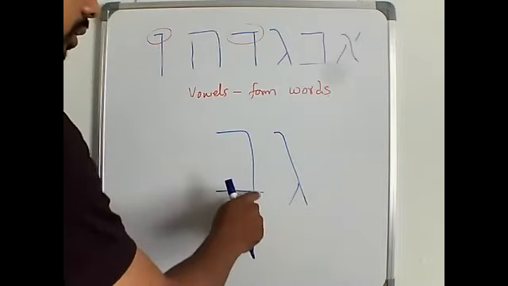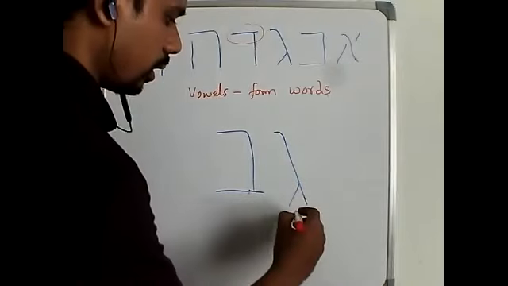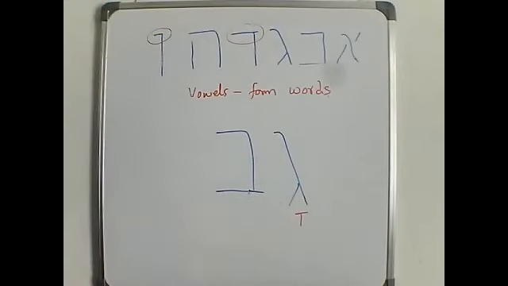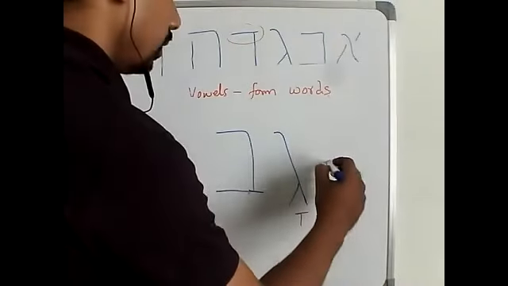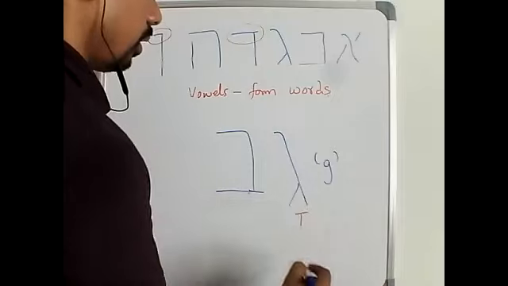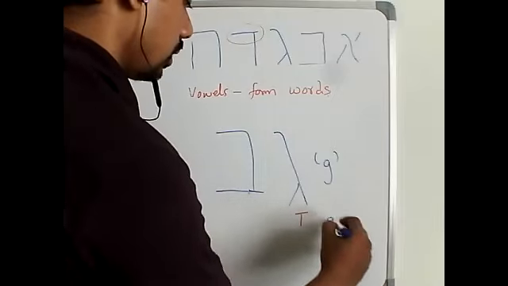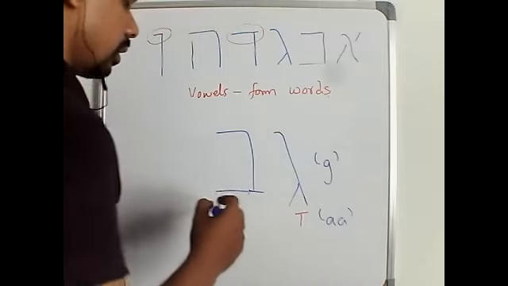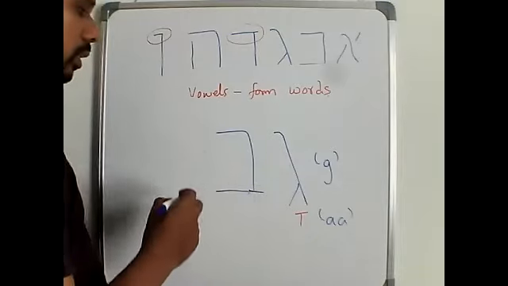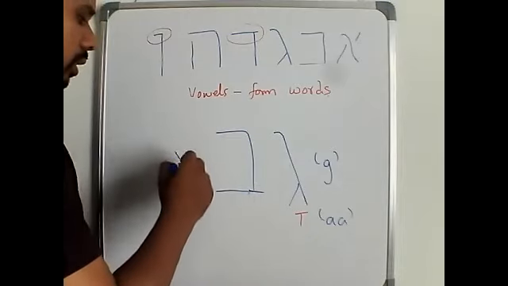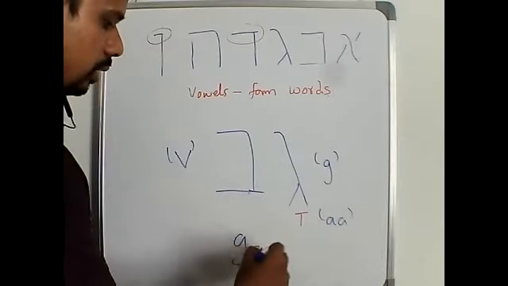So if we put a vowel, that is comets, what is the sound of this Gimel? It is G. What is the sound of this comets or this T symbol? It is A. What is the sound of this letter Bait? The bait is without dot, it is V. Okay, now how can we read? Gav.